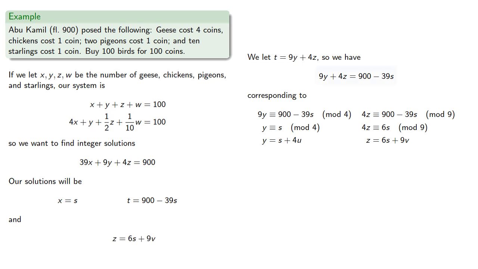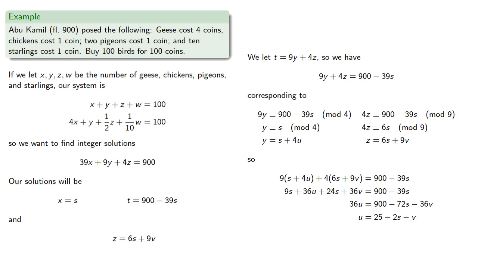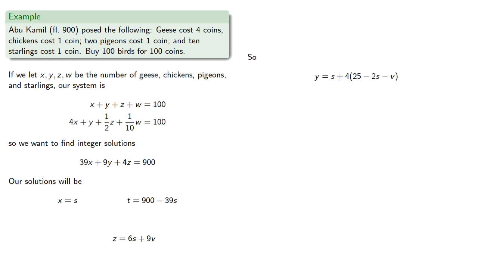And substituting these back into our equation gives us a relationship between our new parameters u and v, which will solve for u. And so we can express y in terms of s and v. For our fourth variable, we have the total number of birds as 100, and so w is going to be.